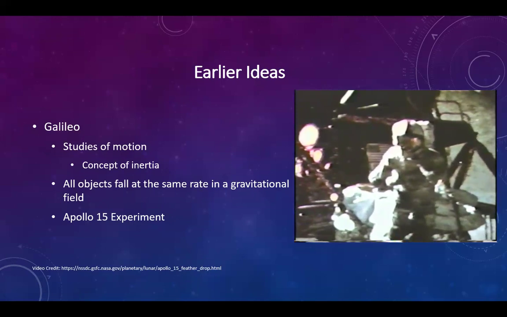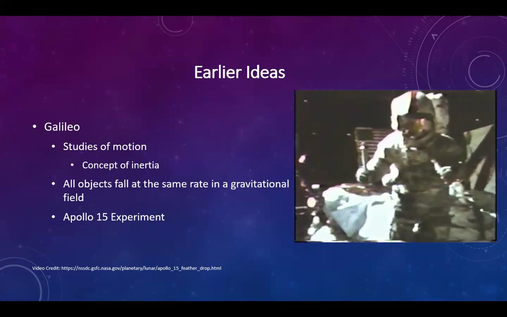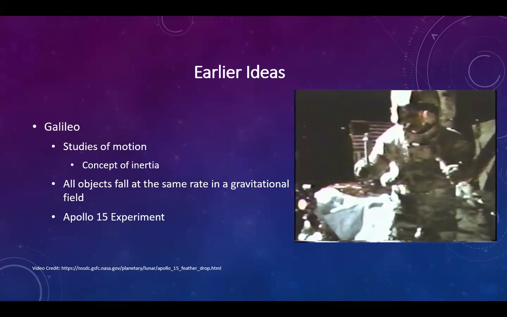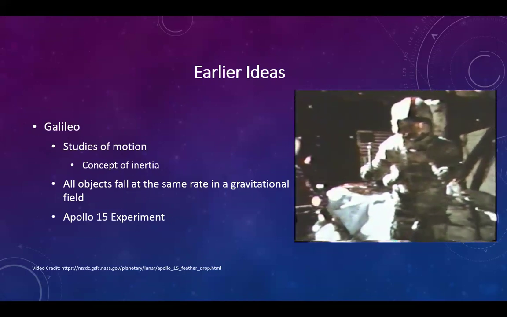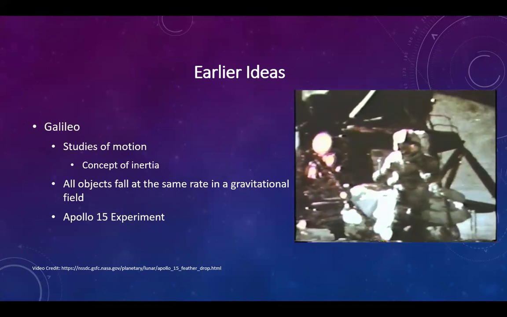Well, in my left hand I have a feather. In my right hand a hammer. And I guess one of the reasons we got here today was because of a gentleman named Galileo a long time ago who made a rather significant discovery about falling objects in gravity fields. And we thought that where would be a better place to confirm his findings than on the moon. And so we thought we'd try it here for you.